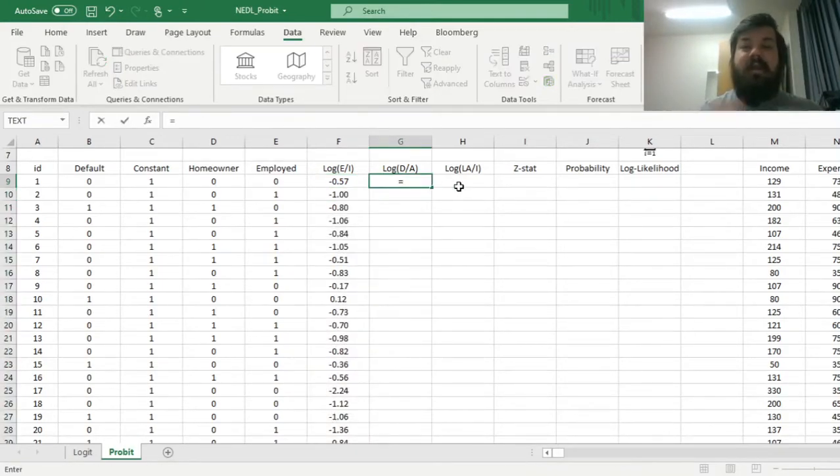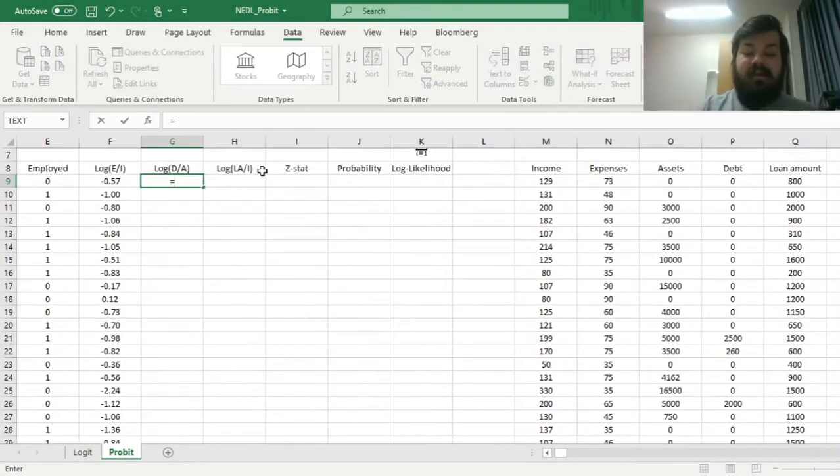Then we can calculate the leverage of our households, just as we calculate the leverage of firms that we apply fundamental analysis to, perhaps. And here, let's calculate the leverage of those households after they have taken out the loan, assuming that they use the loan to fund the purchase of some assets later on. So let's calculate the natural log of the debt after the loan is granted, so debt plus the loan amount.